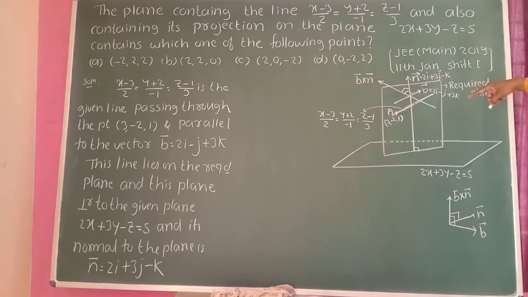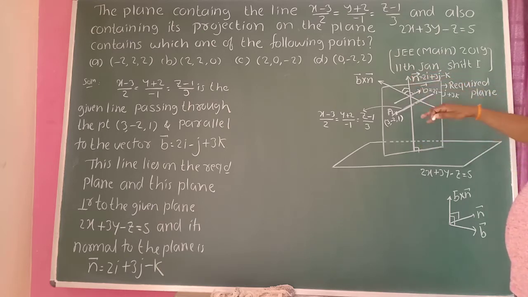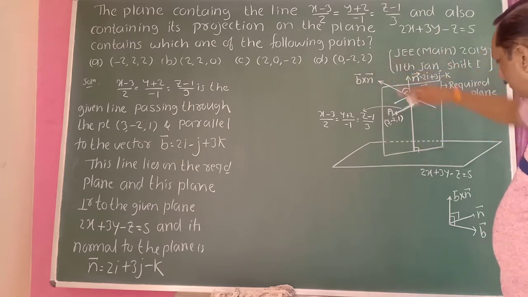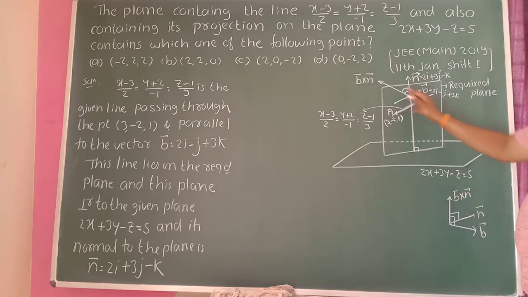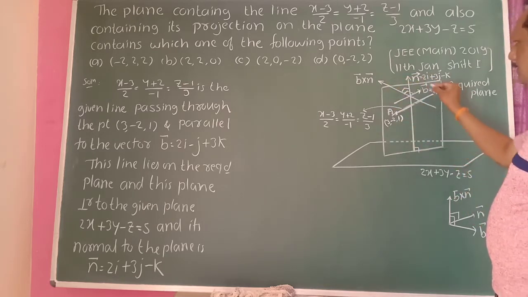Both lie on the plane, so b bar cross n bar is the normal, perpendicular to this plane.